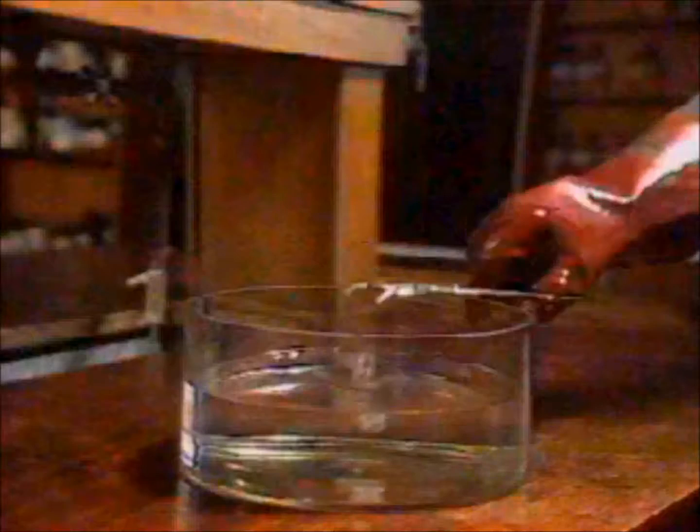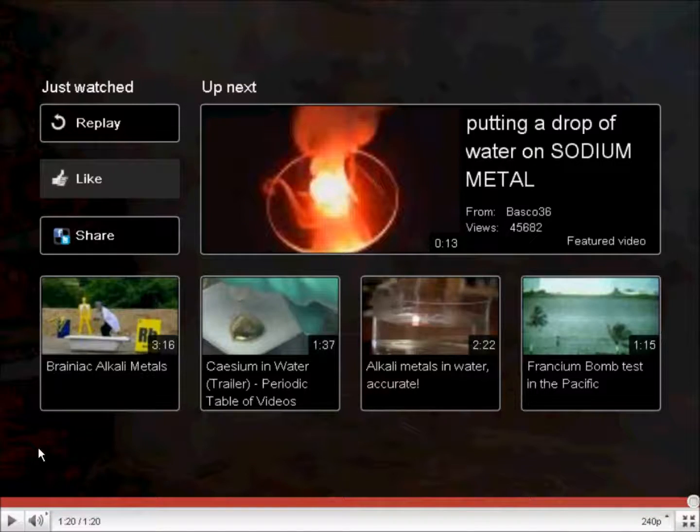And then cesium. And notice that they all react with water, although they react with water a little differently. So they're similar, but not exactly the same.